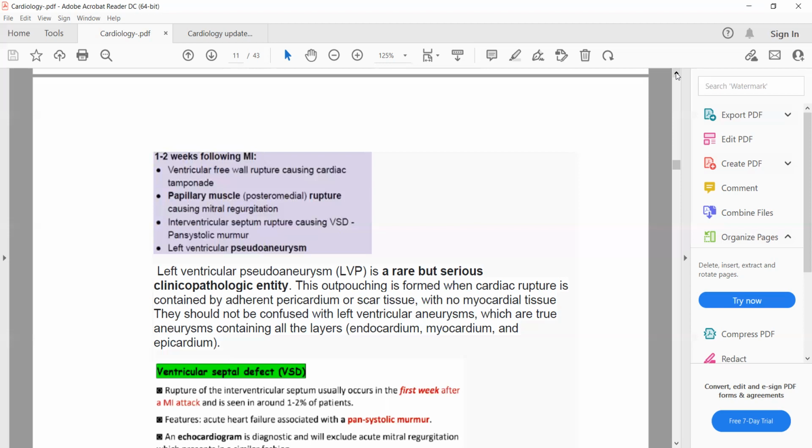One is that ventricular free wall rupture can occur. What will happen if the ventricular free wall ruptures? The blood will accumulate in the pericardial cavity, which will prevent the heart from contracting, so the patient can develop cardiac tamponade.